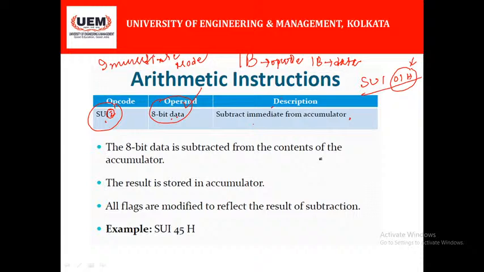So what is the equation? SUI 01, what will be the equation? The value of the accumulator and the value that is supplied directly are subtracted, and the result or difference will be stored in the accumulator register, as all the bits of the accumulator may be reflected or modified.